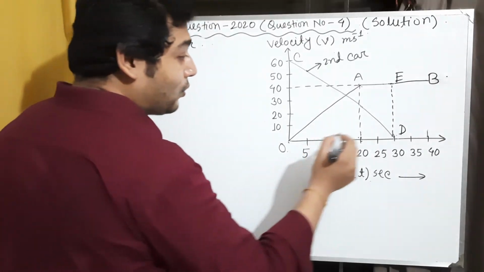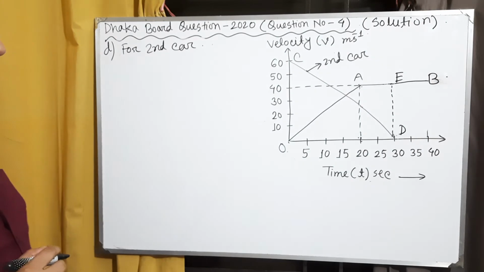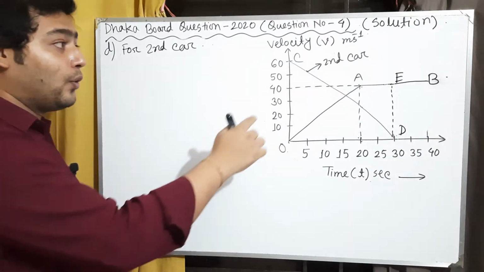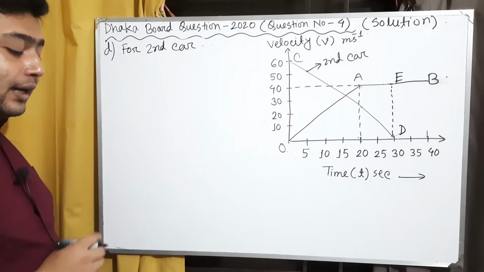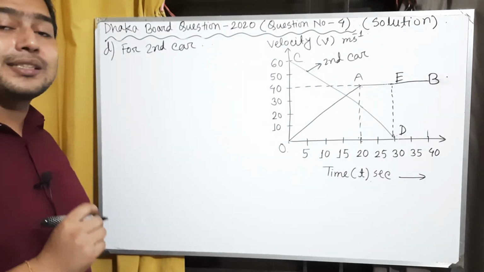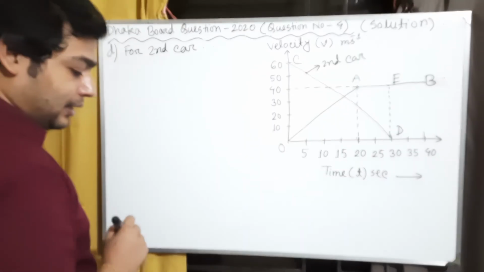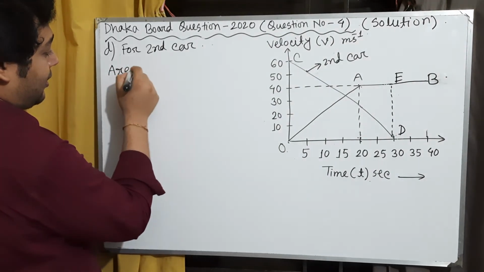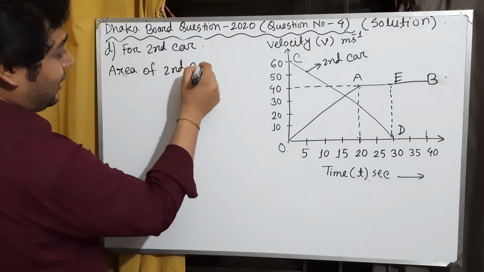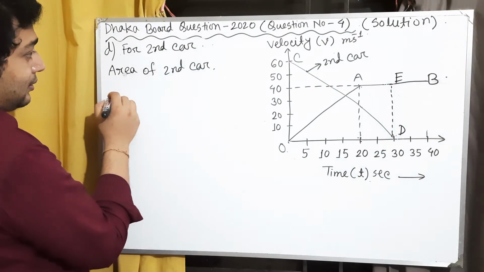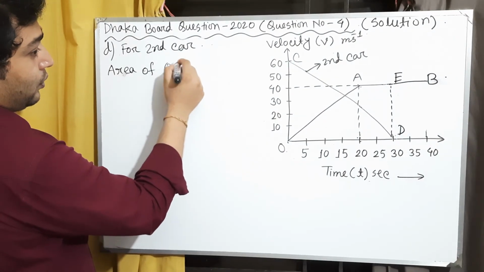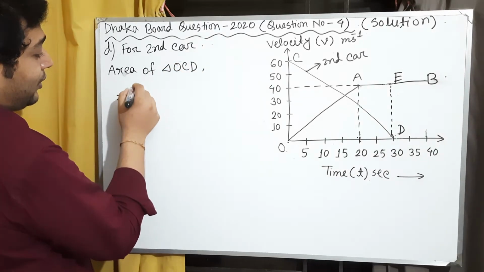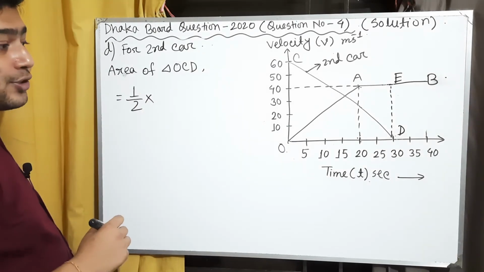The area of triangle OCD represents the distance traveled by the second car. The area of triangle OCD equals half into base into height.